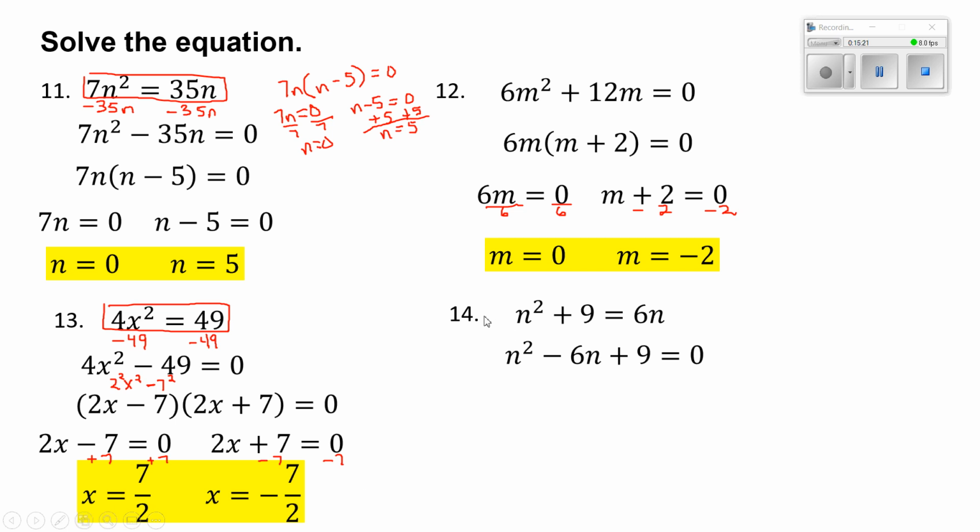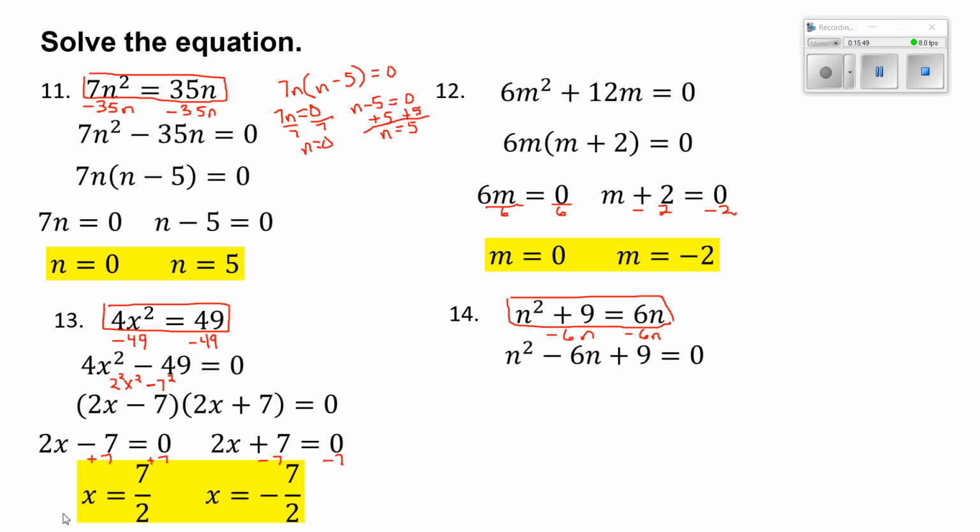All right, next we have number 14 again. This is the actual problem. Okay, and this is already step 1 where we minus 6n from both sides. And that's how we end up with this trinomial. Now we have to say, okay, what numbers will equal positive 9 and negative 6?